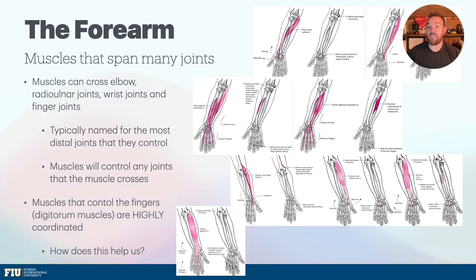And again, because of that, they always work on each one of those joints. So getting into the hand and wrist, we're going to be talking a little bit more about each one of these muscles, because as we can see on the slide, these muscles are always named for the most distal joint that they are interacting with, or that they help to control, right?